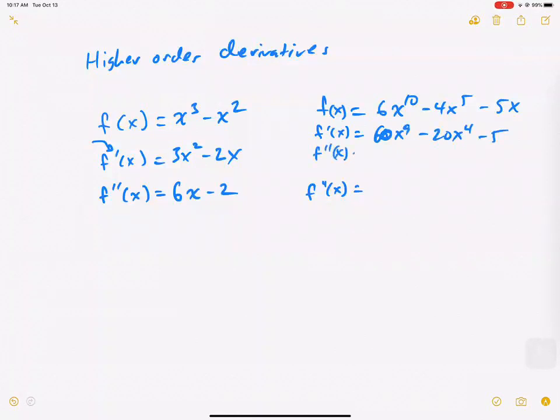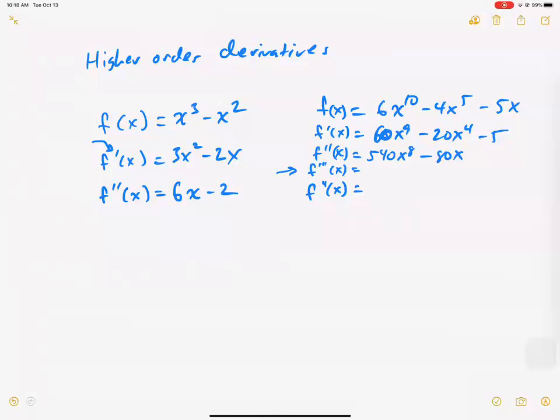F double prime is equal to 540x to the 8 minus 80x, and then this is gone, negative 5 is gone. F to the third. So we denote the third derivative with 3 primes. And after 3 primes, you just write numbers.